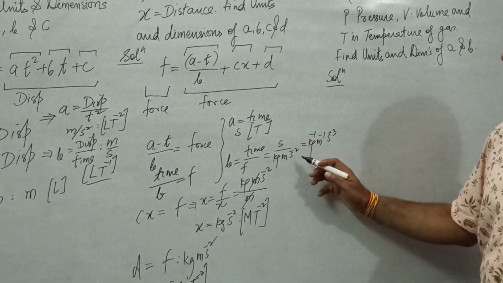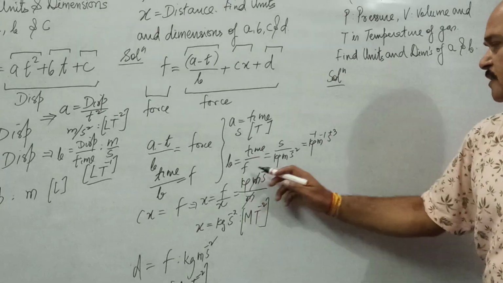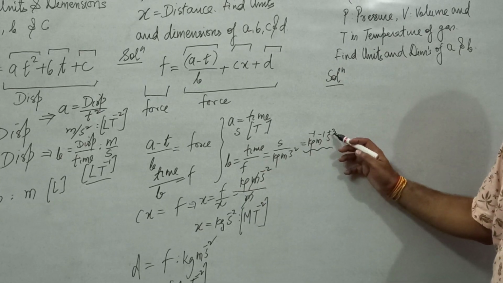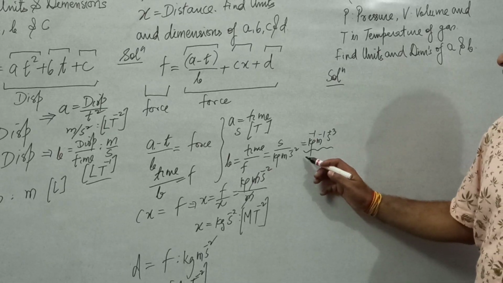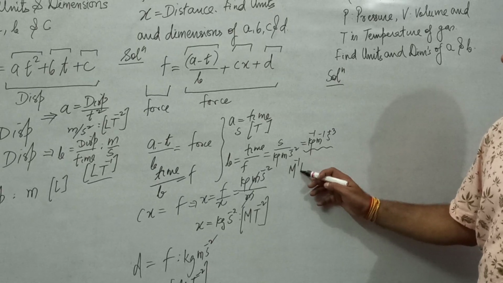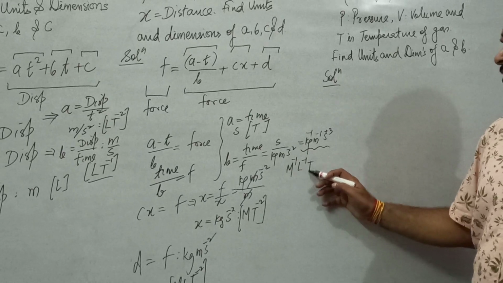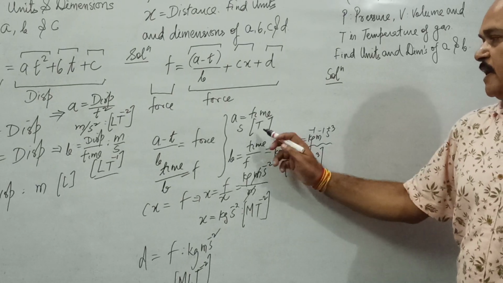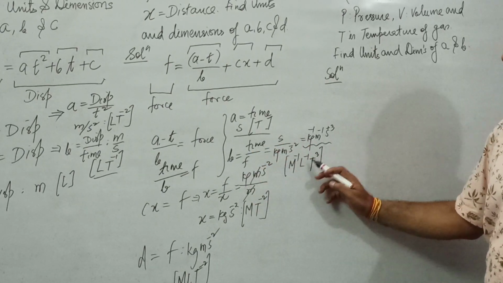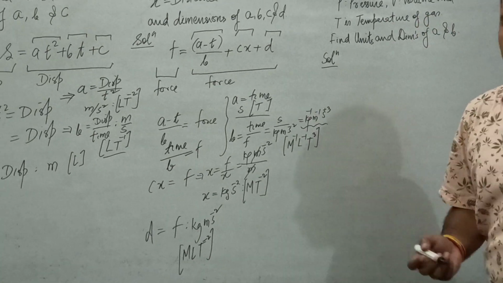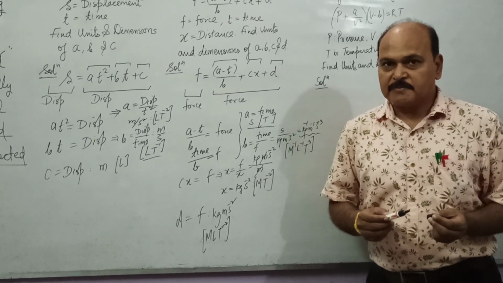So this is a very unique quantity whose unit is per kilogram per meter second cube. And dimensional formula is going to be M to the power minus 1, L to the power minus 1, and T to the power 3. This is dimensional formula of B. So A is this, B dimensional formula is this, C is this, and D is this. See children, we are using principle of homogeneity throughout.